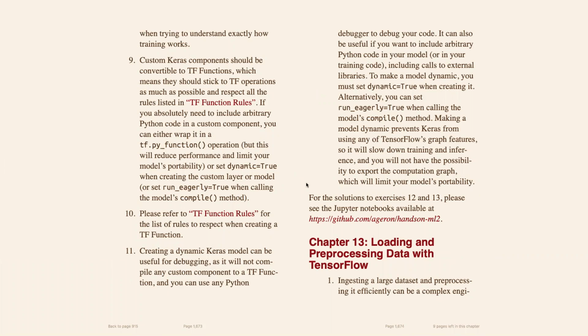Custom Keras components should be convertible to TF functions, which means they should stick to TF operations as much as possible and respect all the rules listed in the TF function rules. If you absolutely need to include arbitrary Python code in a custom component, you can either wrap it in a tf.py_function operation, but this will reduce performance and limit your model's portability.